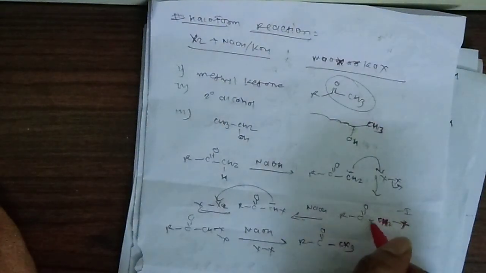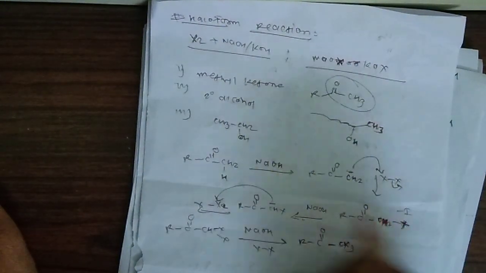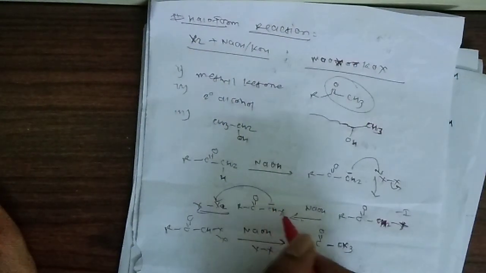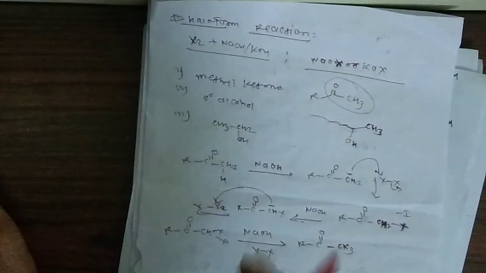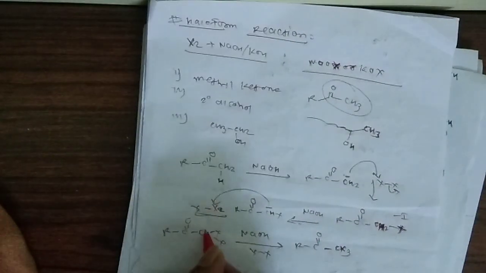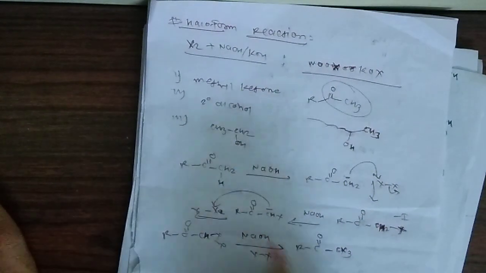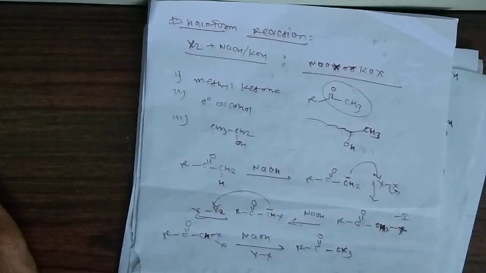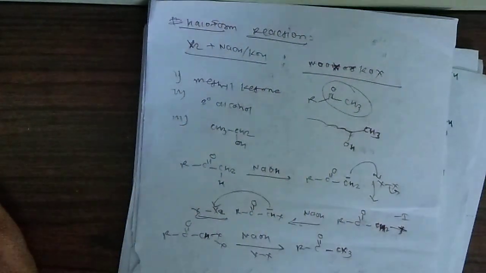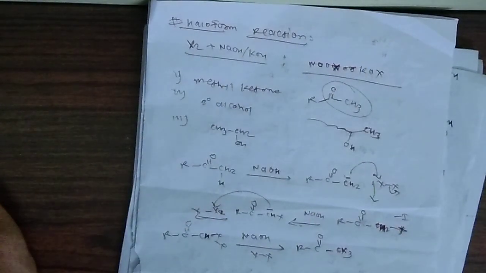So this becomes more acidic because the negative charge will be more stable on that carbon. If we substitute two protons by two halogens, it becomes even more acidic. So the rate of this reaction increases as protons are replaced by halogens.